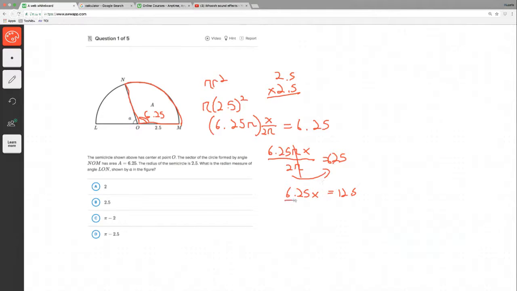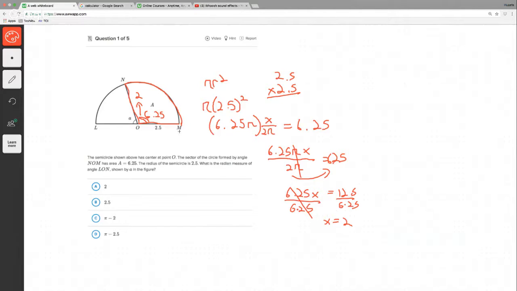If we divide both sides by 6.25, we just get x equals 2. What were we solving for? We were solving for this angle right here. So, in radians, NOM equals 2.